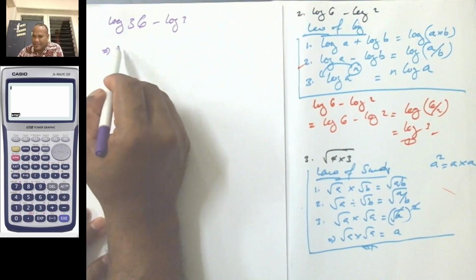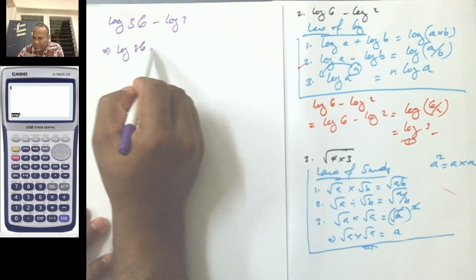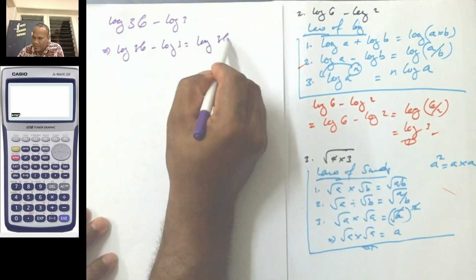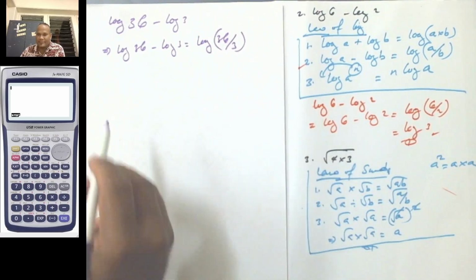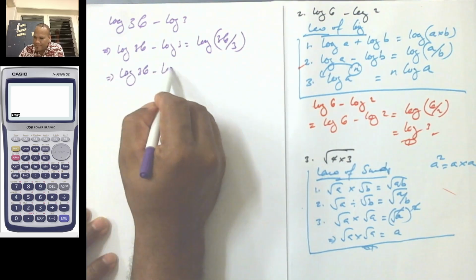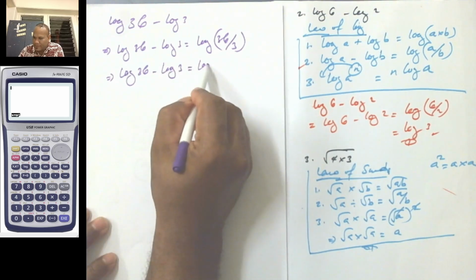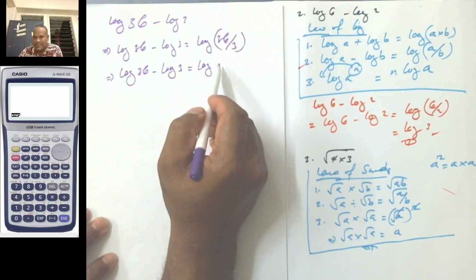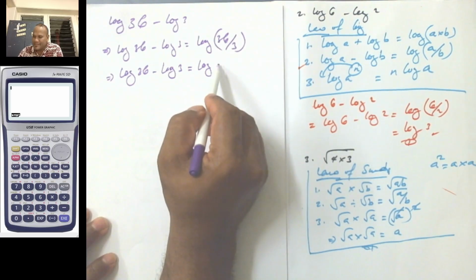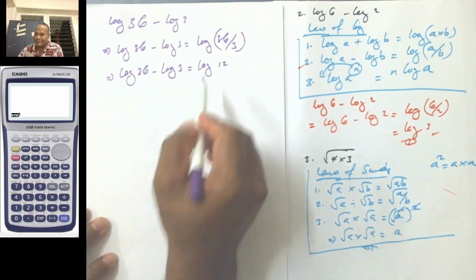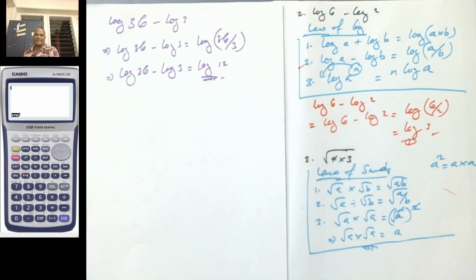So log 36 minus log 3 is equal to log 36 divided by 3. 9 3s are 27, no. 10 3s are 30, 11 3s are 33, 12 3s are 36. That's log 12. And that is your answer.